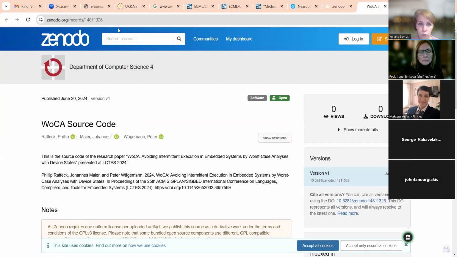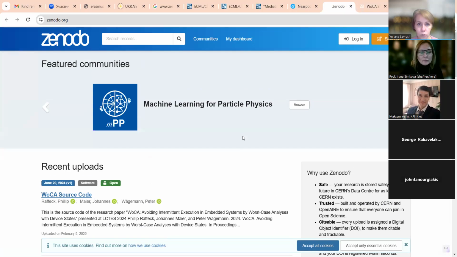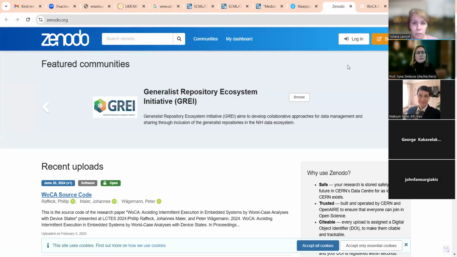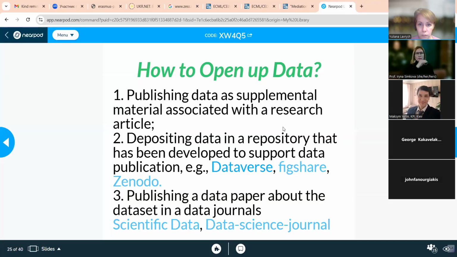You open this repository, and if you want to upload your data, first you have to log in, and then you will see the instructions step by step: click this, upload this, and so on. It's not that difficult, it's very user-friendly.